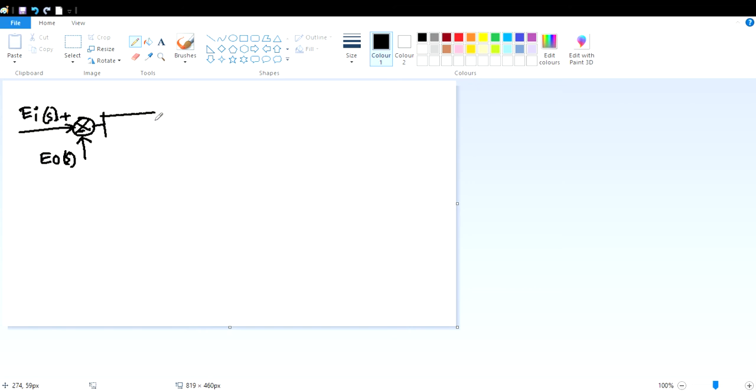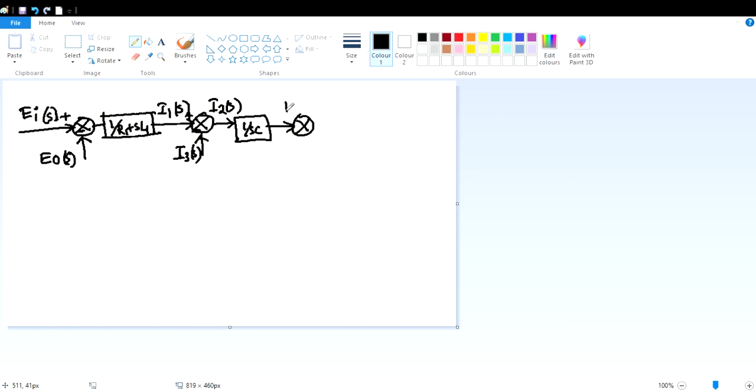If I divide this with R1 plus SL1, I will get nothing but I1(s). Now I1(s) is put to a second comparator block, where we get I3(s). These two give us I2(s), and if I multiply this I2(s) with 1 upon SC, I get EA(s).